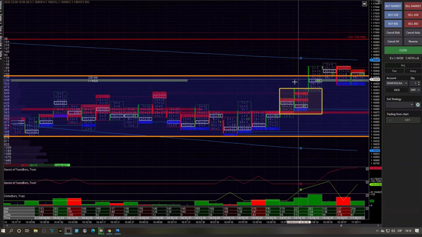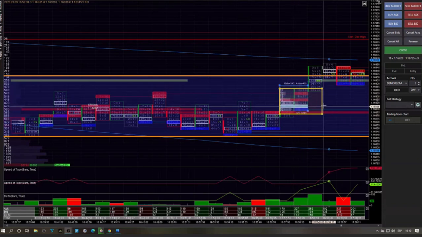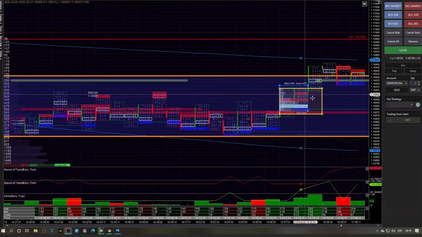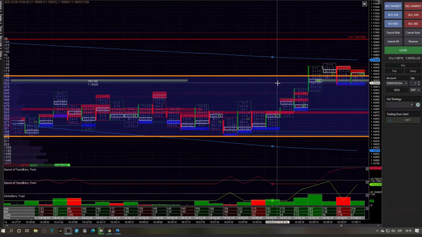Okay, so what I will do is just take a look at the volume in this particular candle. Okay, let me remove this yellow line here, and let me put the volume tool again.